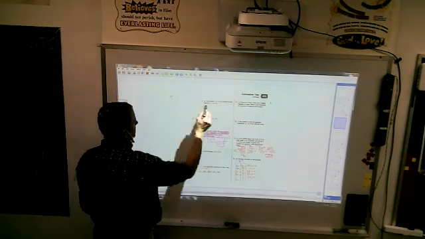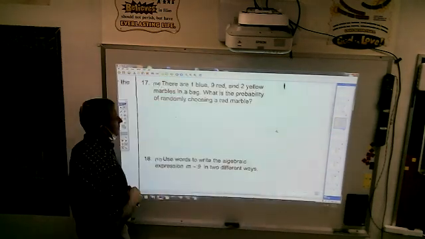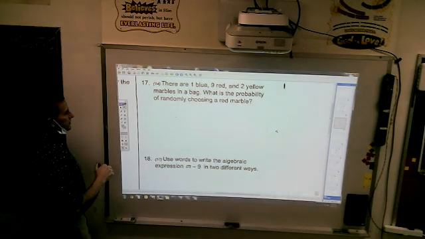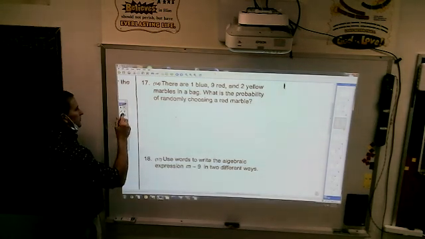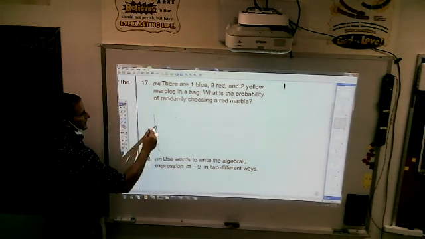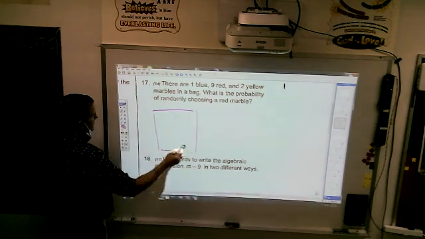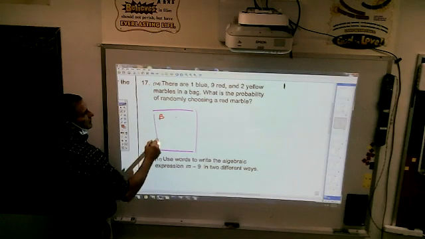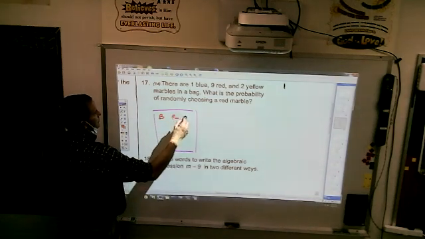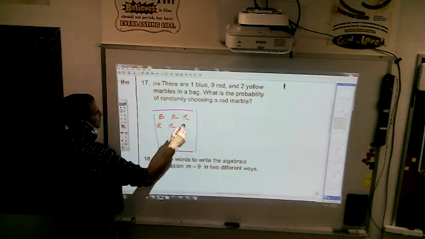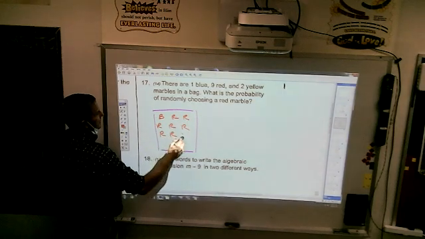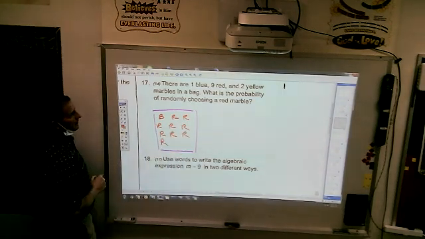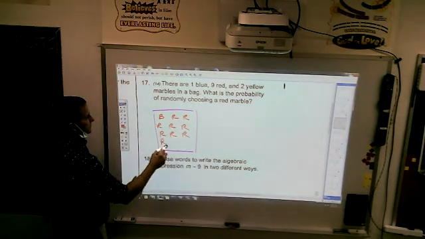Oh, I like these, Tyler. They said there are 1 blue, 9 red, and 2 yellow marbles in a bag. Before going any farther, I'll draw an example of that just so I can see it. 1 blue, 9 red, 1, 2, 3, 4, 5, 6, 7, 8, 9, and 2 yellows.